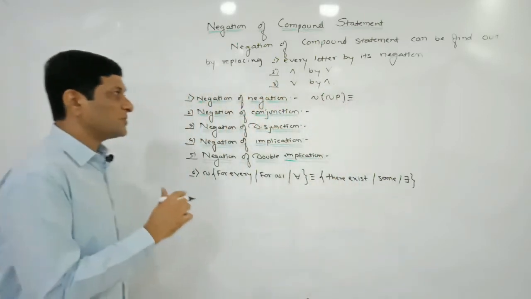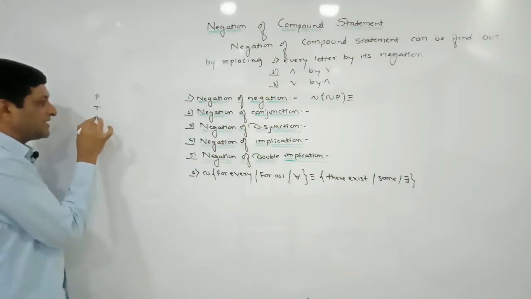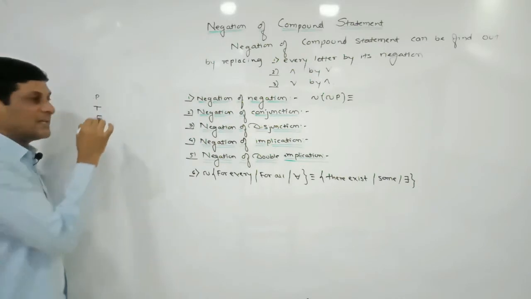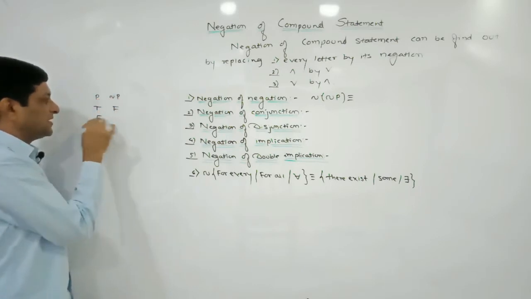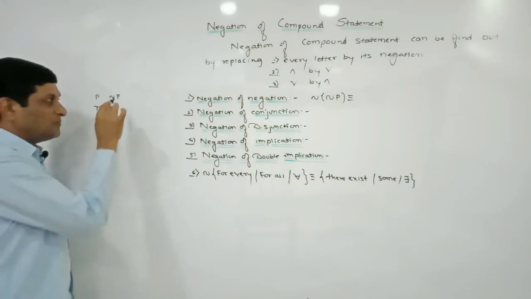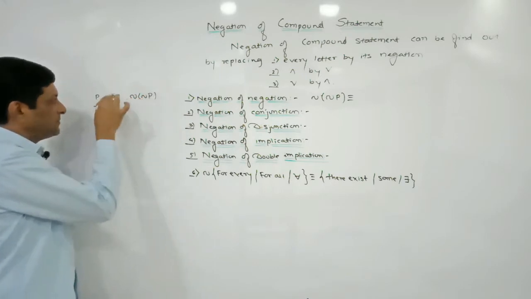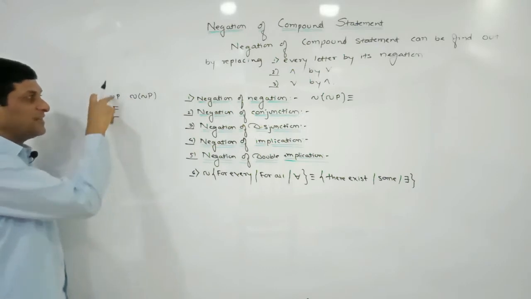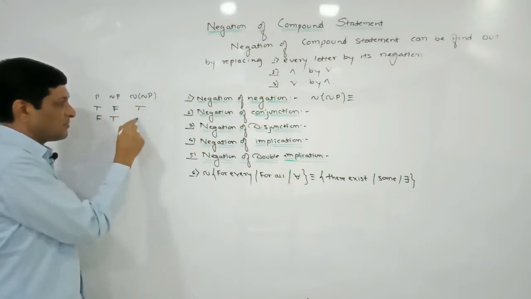Let us suppose that P is one statement. Then how many possibilities of truth value are there? Either it is true or it is false. Let us find its negation. What is the negation of true? False. The negation of false is what? True. Now we are finding the negation of negation P. The truth value of negation P is already known to us. Again we are finding the negation of this statement. What is the negation of false? True. The negation of true is false.